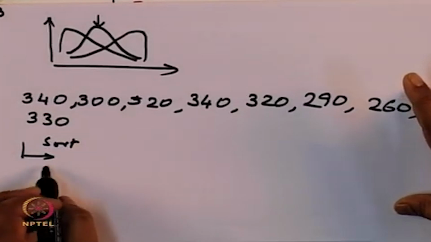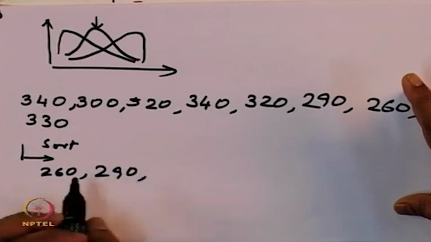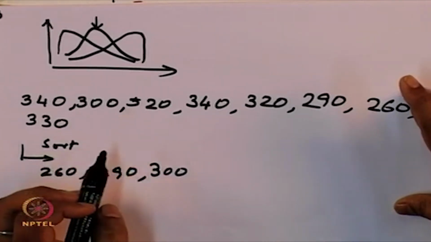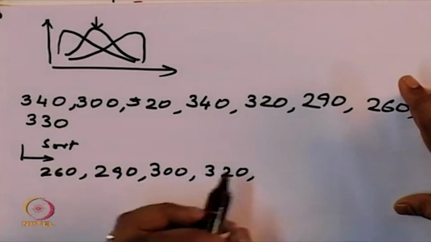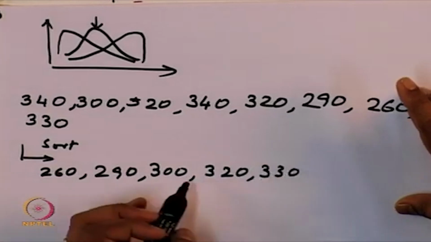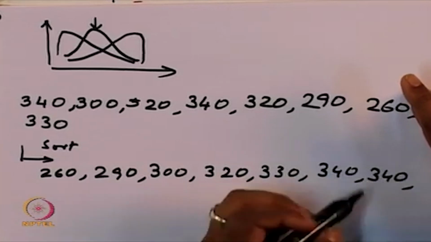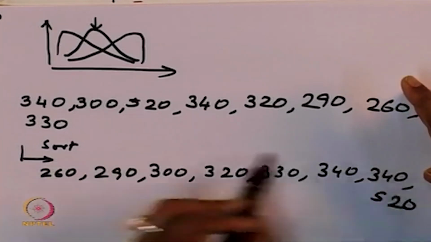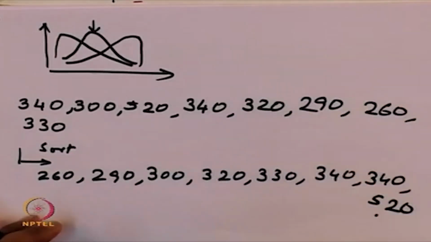My lowest value here is 260, then 290, 300, 320, 330, two 340s and one 520. We can already see clearly that, as opposed to all of these points which are clustered together, this data point seems to be out of the plot.